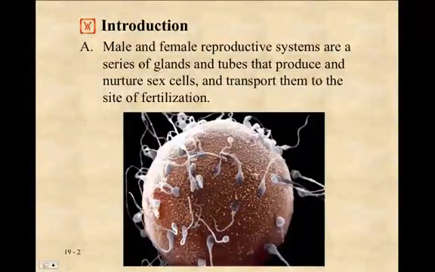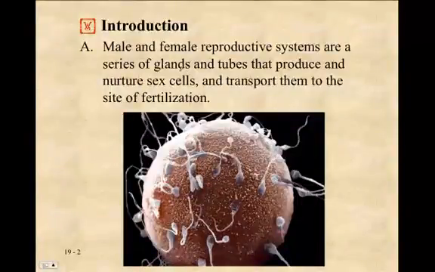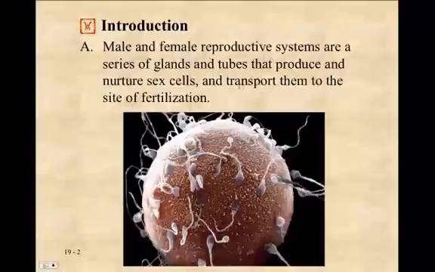Again, when we talk about reproductive systems, male and female, they consist of a series of glands that secrete hormones and other substances involved with reproduction, and also tubes that produce and nurture the sex cells, and then the ones that transport them to the site of fertilization.